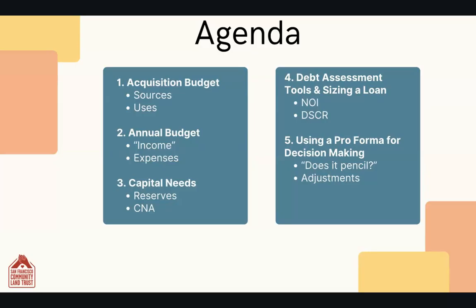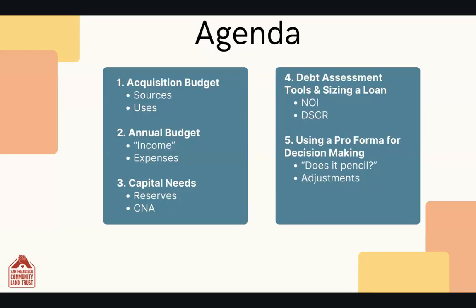And then fourth, we'll talk about using this as an actual tool to understand first, what kind of loans can this project handle? How big of a loan can this building handle given its rents and its expenses? We'll look at these 2 really key numbers, the NOI and the DSCR, to talk about how you size a loan using this tool.